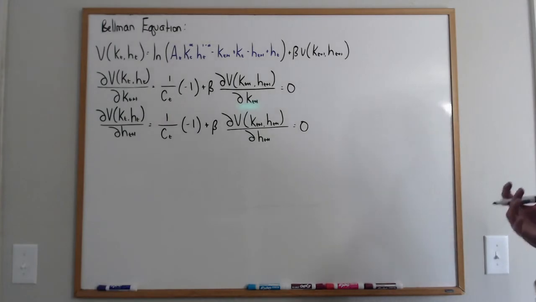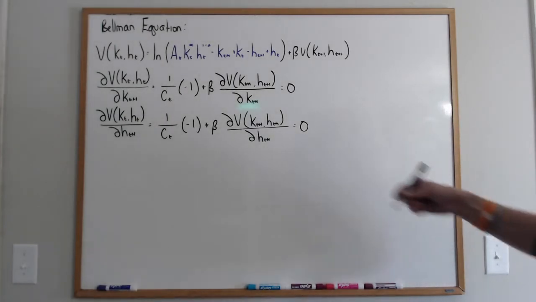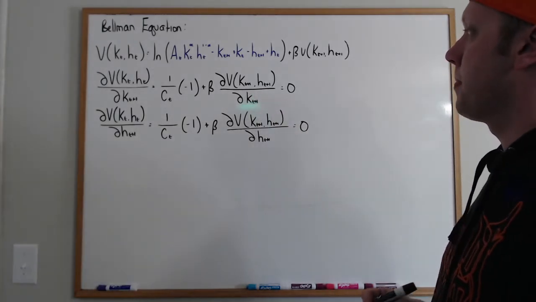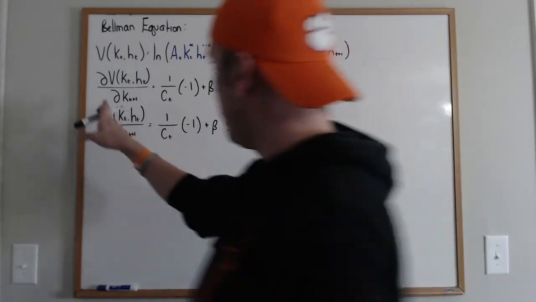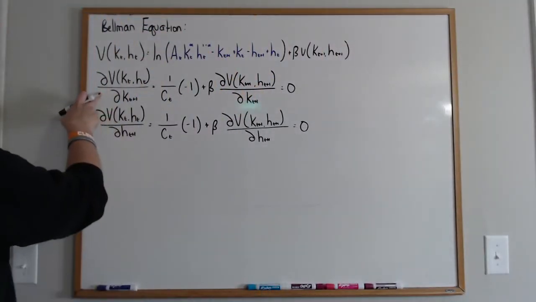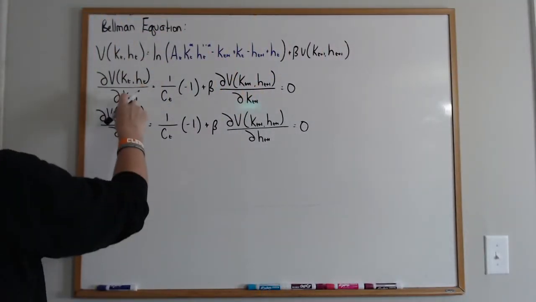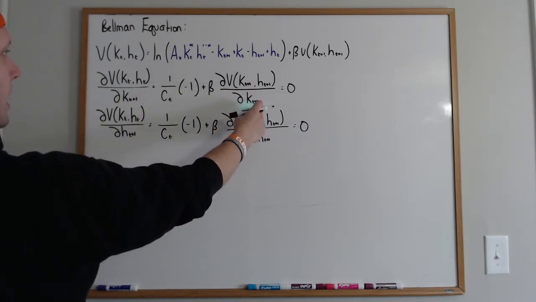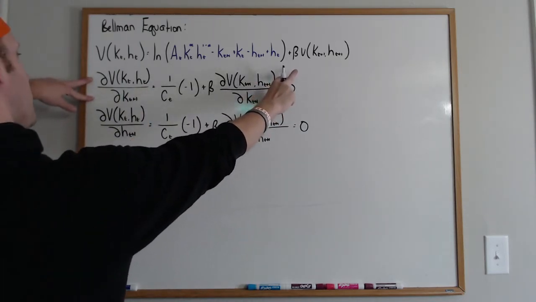But remember, we have to figure out what this is, and we have to figure out what this is. Because if we want to just update this one period, the time subscripts don't match here, but over here the time subscripts do match. So these aren't exactly the same derivatives.